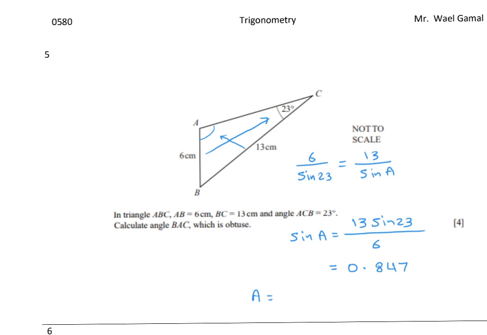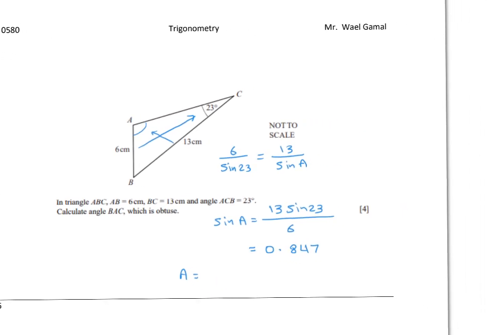Okay? So, now shift sine inverse 0.847. 57.88 or 57.9. So the acute angle is 57.9.